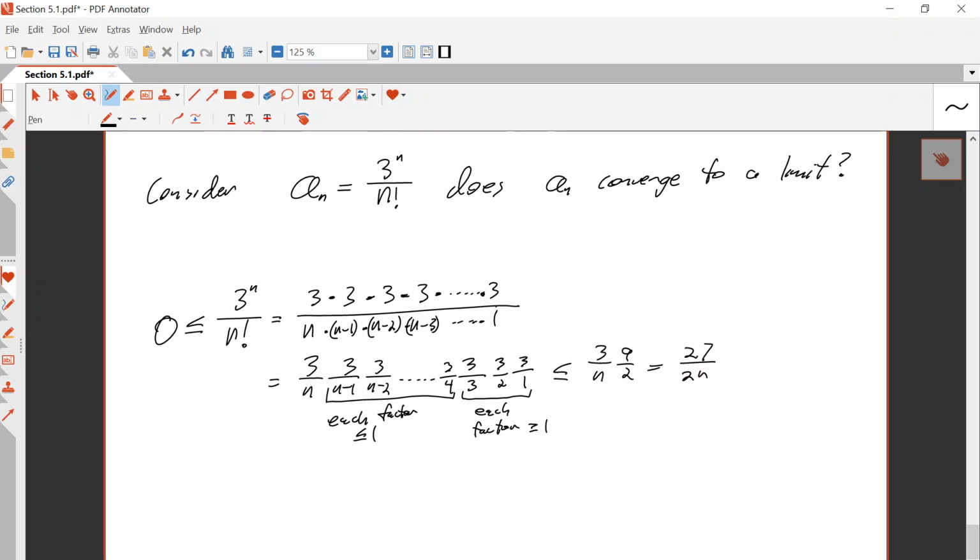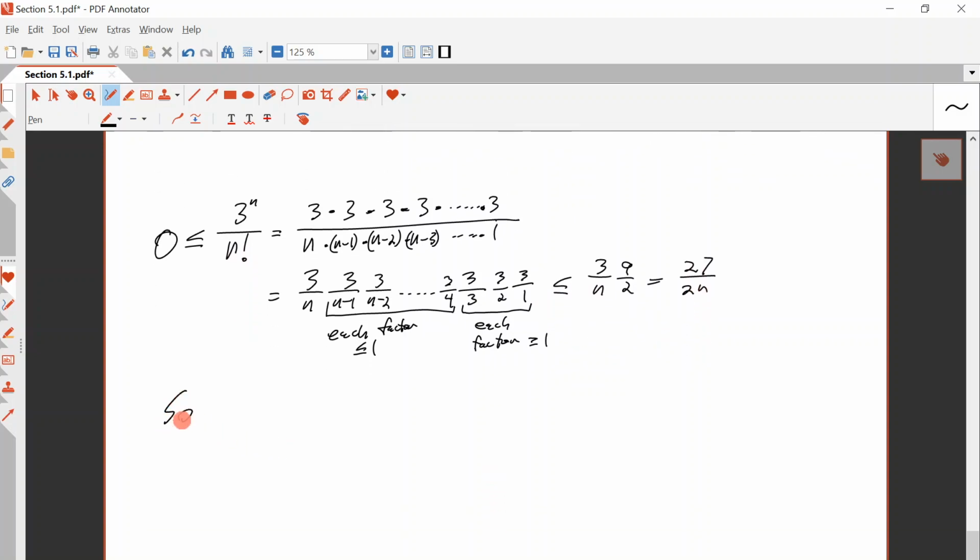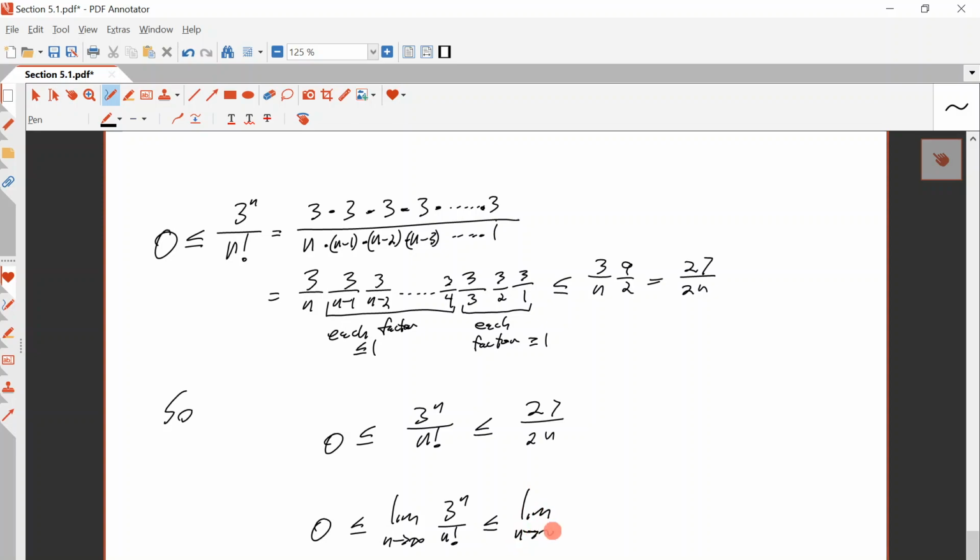So 0 is less than or equal to 3 to the n over n factorial, which is less than or equal to 27 over 2n. So 0 is less than or equal to the limit as n goes to infinity, which is less than or equal to the limit as n goes to infinity of 27/2 times 1 over n.